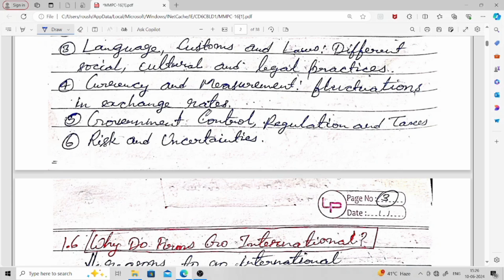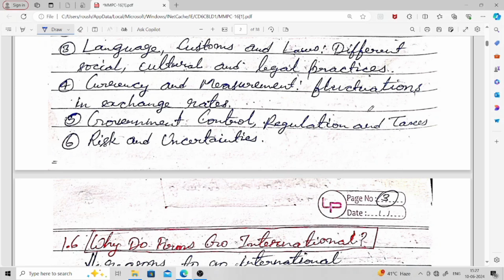That's why doing international trade becomes a little bit difficult. So different countries have different values of currencies, and the values of those currencies differ from time to time.